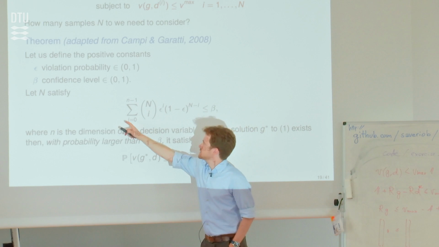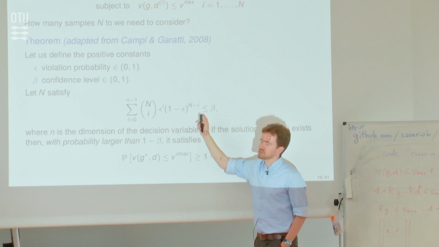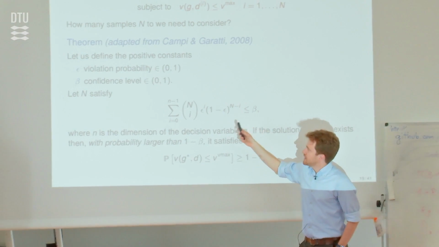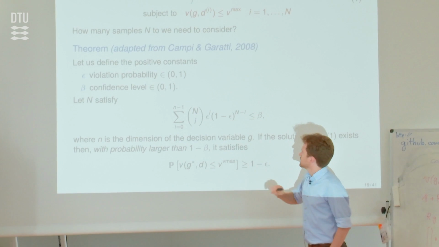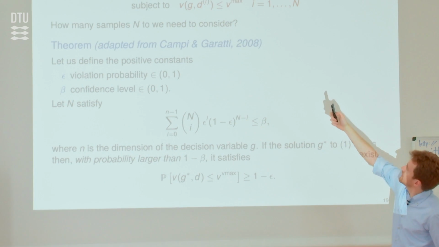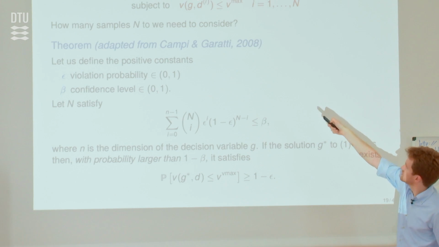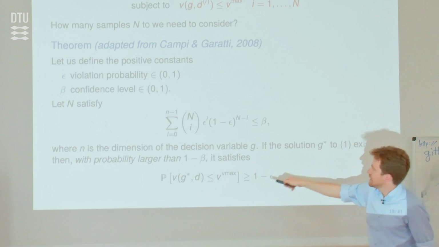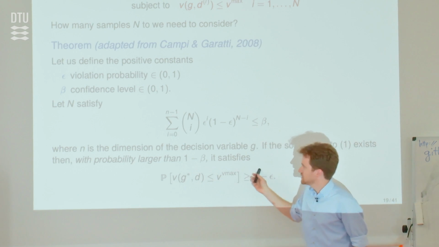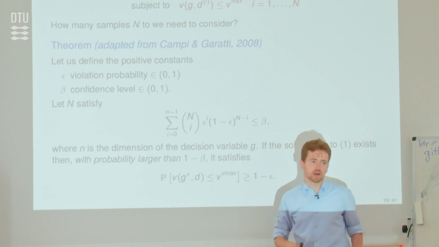Then if N satisfies this equation, that, by the way, you don't have to solve because there's a script for that in the code, then the solution to the optimization problem up there satisfies the original constraint that I wanted with probability larger than 1 minus beta.